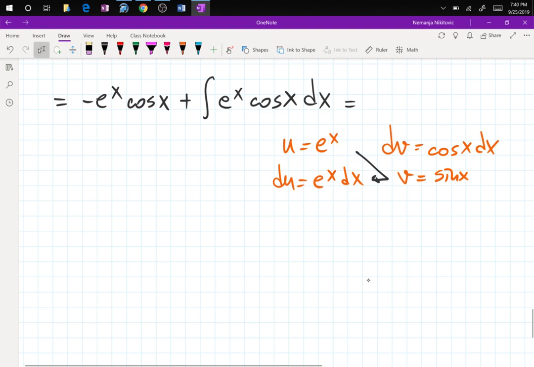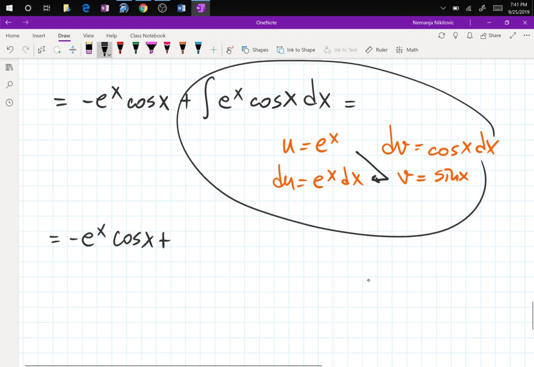We have to copy the first term, negative e to the x cosine x plus, because we are only redoing the by parts procedure for the integral, which means we copy the first part. Anytime you are redoing this procedure, you just copy the front. Let's say you have 4 of these. Keep copying.